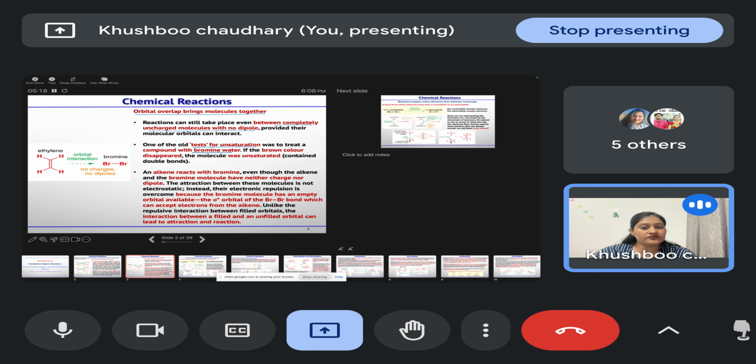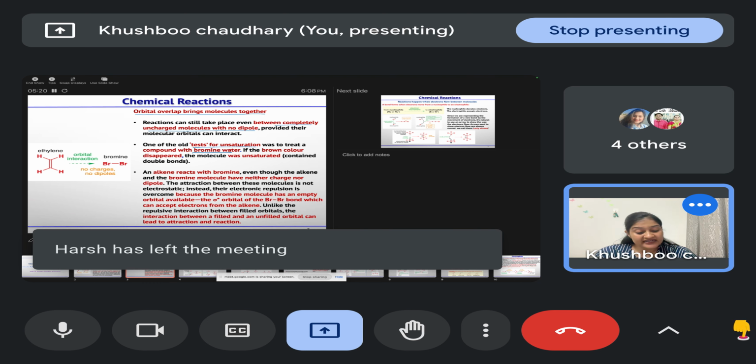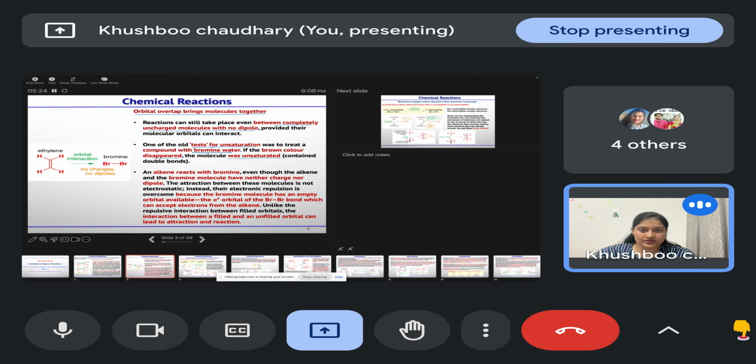If the brown color of the bromine solution disappears, then we say that the compound was unsaturated. Now, in this case, alkene is not charged and does not have any dipole. Bromine has some dipole, but it comes in the presence of some electron source. So here, alkene reacts with bromine, even though alkene and bromine have neither charge nor dipole. But the attraction between them is electrostatic.